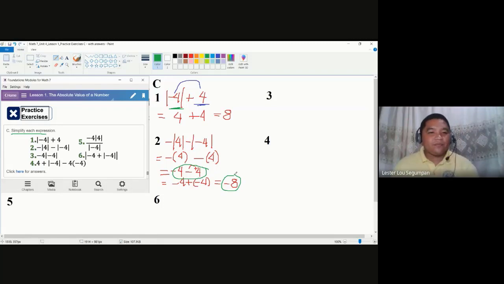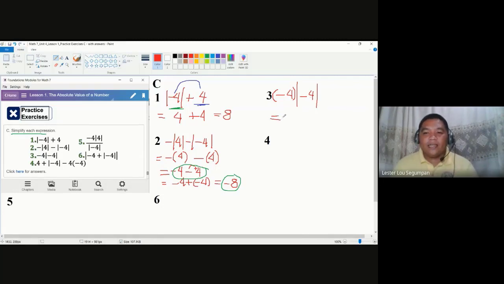Number three has negative 4, and then you have negative 4 inside. If you see something like this, it means there's no clear operation here. This actually means the product of this number outside and the simplified form of the absolute value notation here.